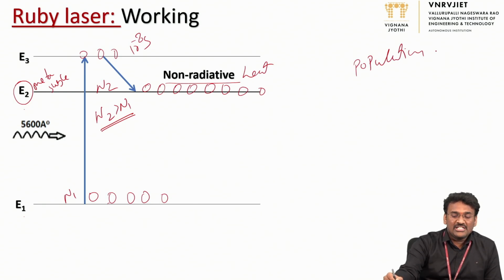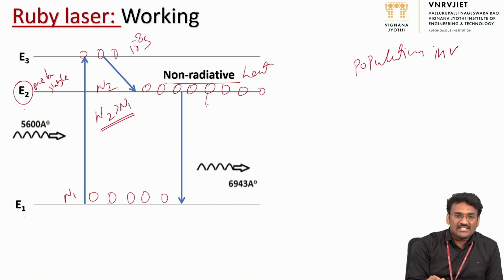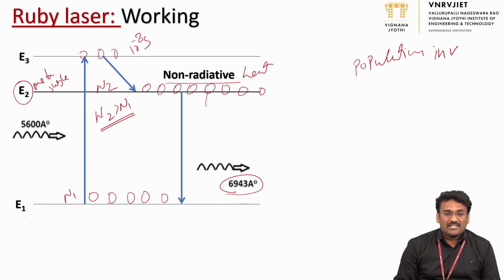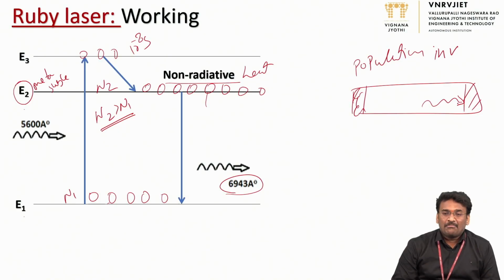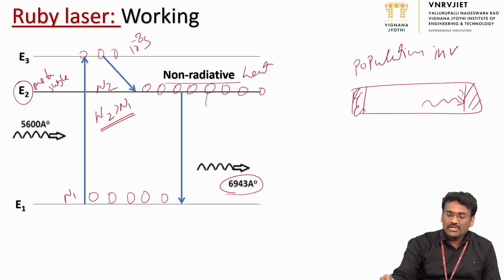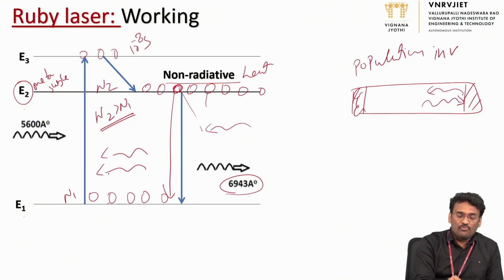After reaching population inversion, one particle comes to the lower state spontaneously by emitting a wavelength of 6943 angstroms. All this process happens in the ruby rod, with its fully reflecting and partially reflecting surfaces. The photon hits the partially reflecting mirror, but the energy is not sufficient, so it is reflected back. While coming back, it stimulates one more particle in the excited state to come down, and they become two photons.